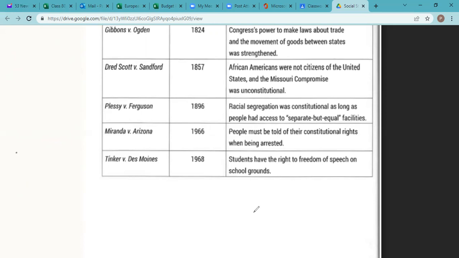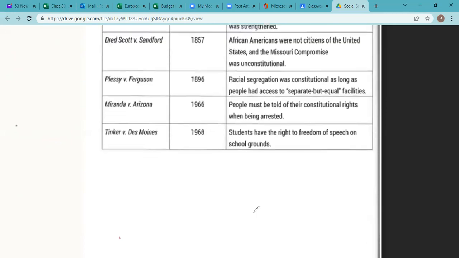Okay. And let's see, Miranda versus Arizona, 1966. People must be told of their constitutional rights when being arrested. So if you ever watch a cop show, or unfortunately, if you've ever been arrested or know someone who has been arrested, they read what's called the Miranda rights, right? Have you heard of that?